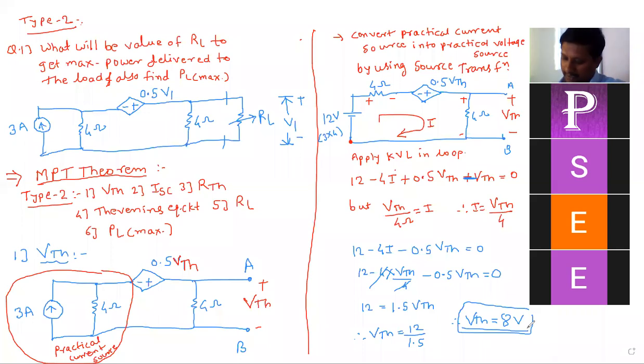Now the next point will be ISC. It is very simple. Within 5 minutes we can cover this example.